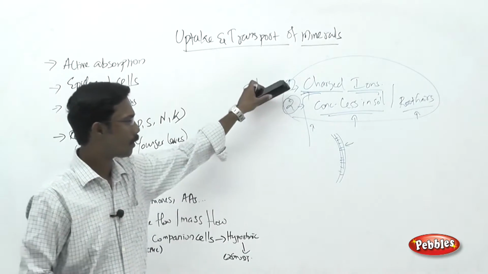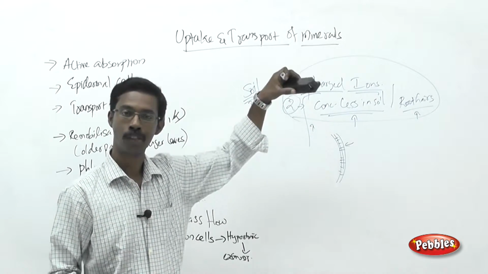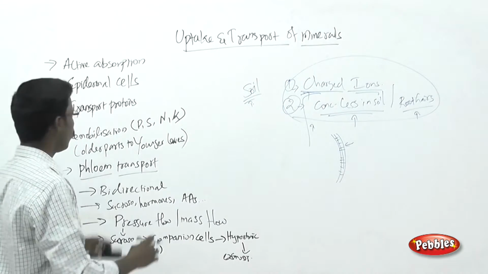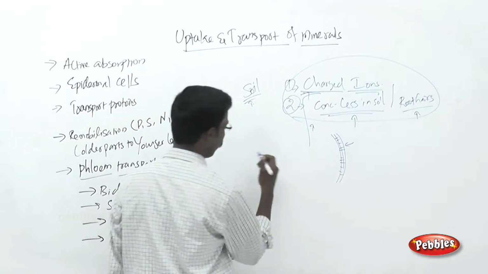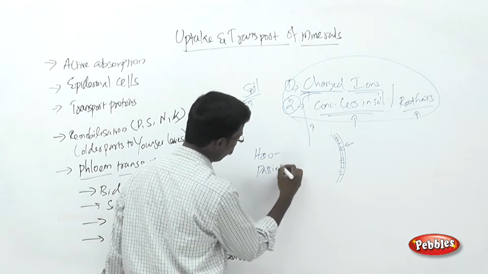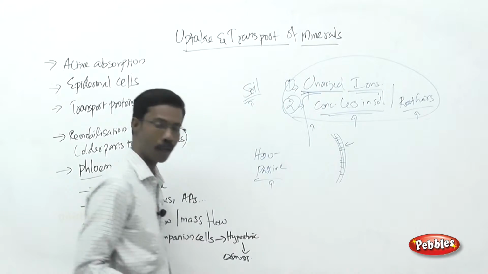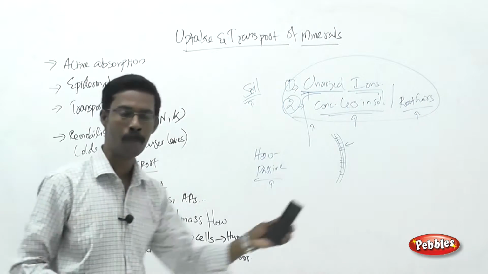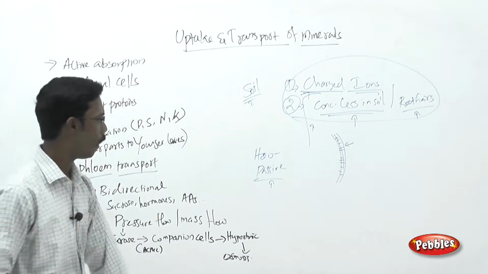Charged molecules cannot pass through the cell membrane that easily. As I told you, water moves normally by passive transport, that is, without the need for any ATP molecule or any energy molecule to transport from one place to another.